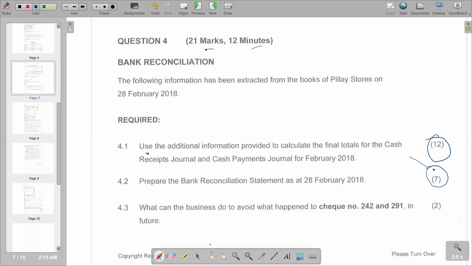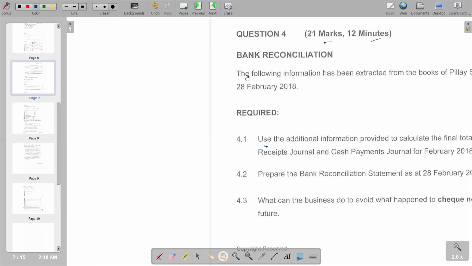Remember, our bank reconciliation statement is a comparison of two documents, that is the journals representing the bank account in the ledger, and then we also have the bank statement. Those two documents should have the same balance at the end of each financial period.